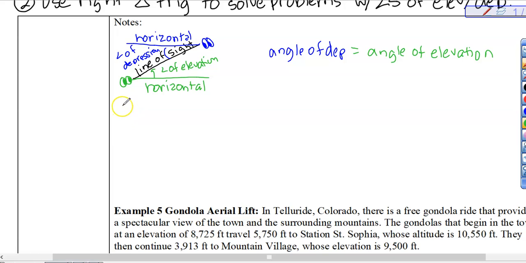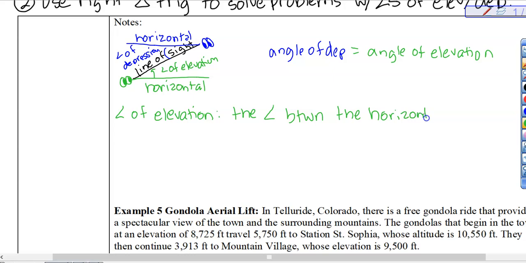So let's write our definition for angle of elevation real quick. So it goes like this. The angle, if you don't mind, I'm just going to draw an angle symbol between the horizontal and the line of sight.